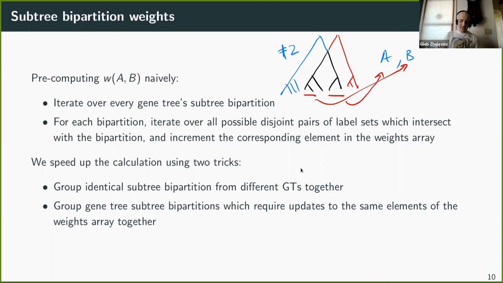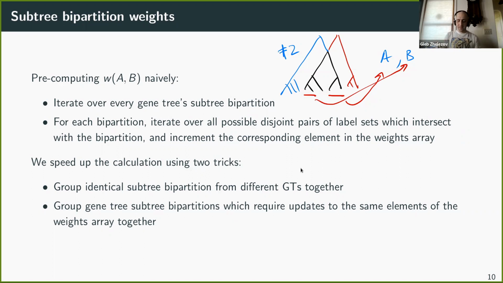But somehow even that's not enough. So the other thing that we'll do is group the gene tree subtree bipartitions which require updates to the same elements of the weights array together, and reduce the computations there too.